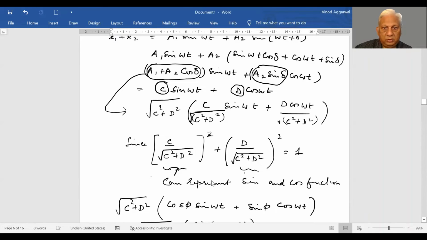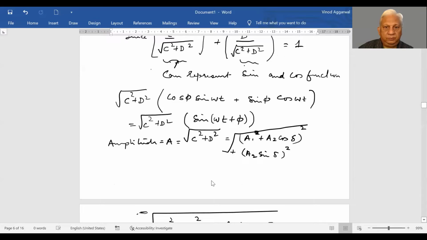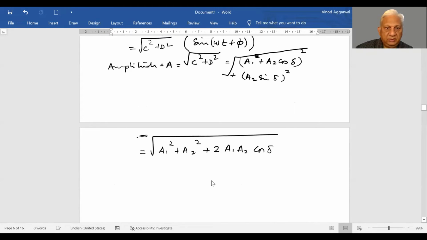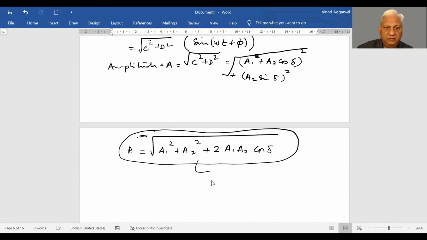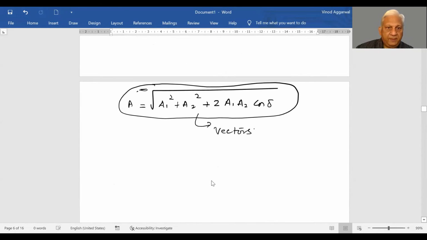Both these terms are under the root. Now, does it ring a bell? This formula we studied in vectors. And what did we study there?